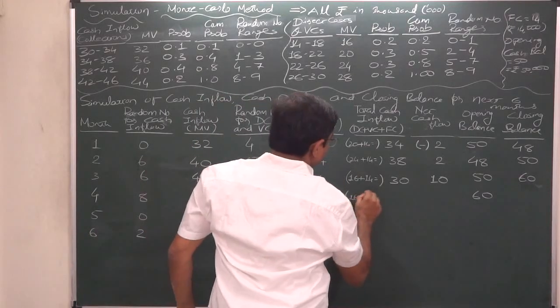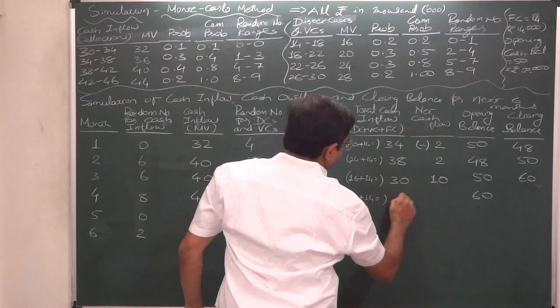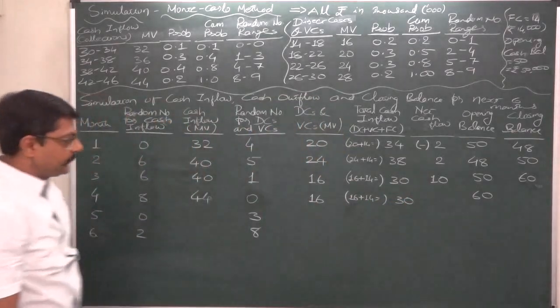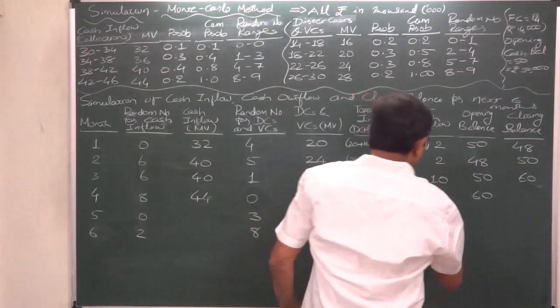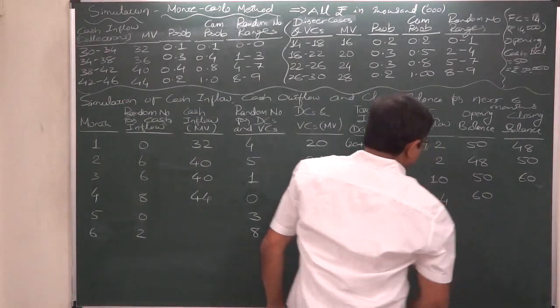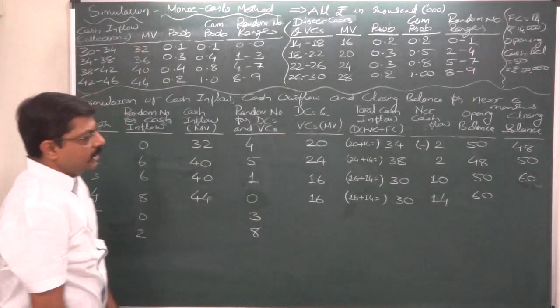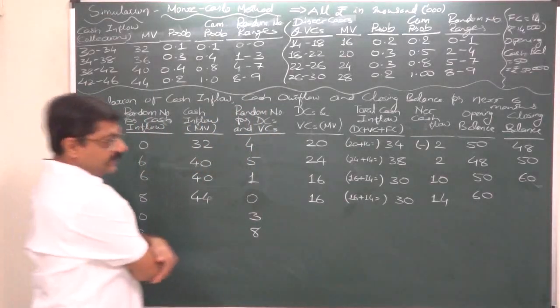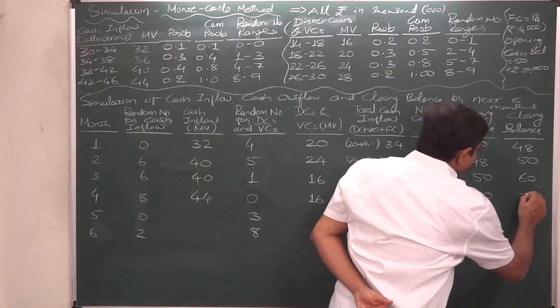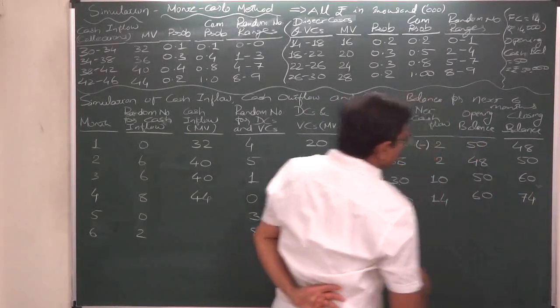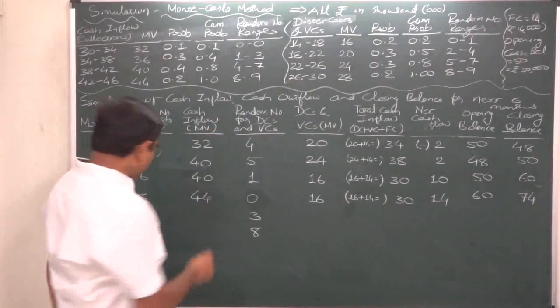Again in this month also 16 plus 14, total cash outflow will be 30,000. And again 44,000 cash inflow, cash outflow is 30,000. So we can have net cash of 14,000 and our opening balance was 60,000. So the closing balance of the fourth month is 74,000.